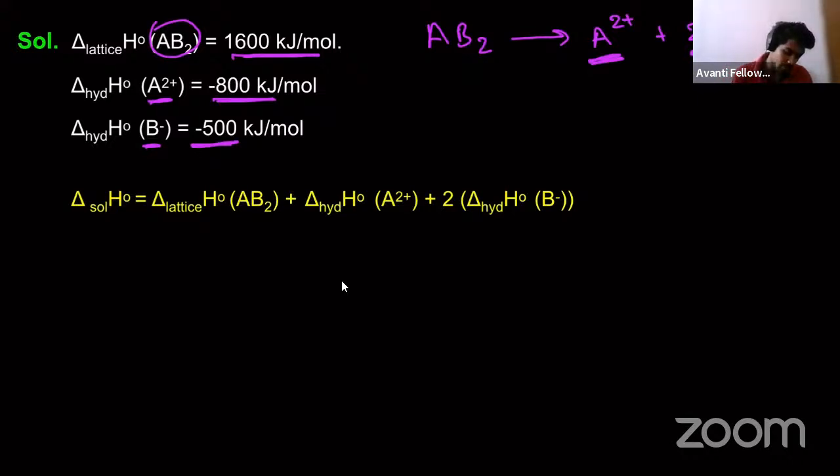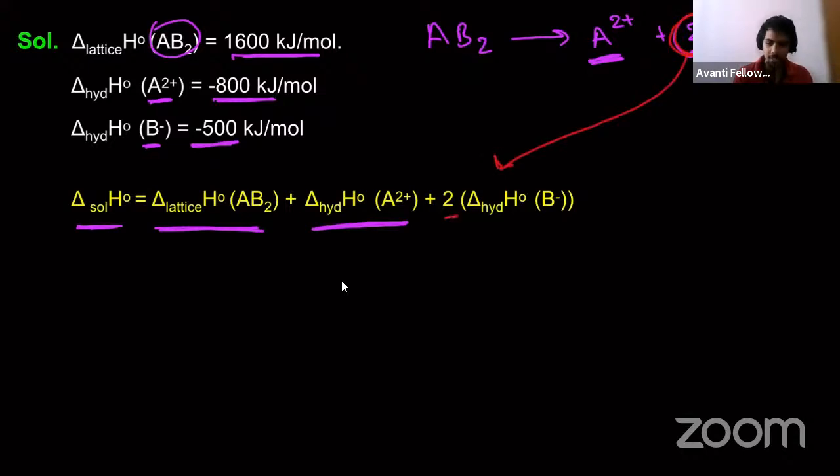Now if we write delta H, the enthalpy of solution, it is the lattice enthalpy plus the hydration enthalpy of the cation, plus, as we have two anions, two times the hydration enthalpy of one anion. Clear with this? How we are writing the formula?